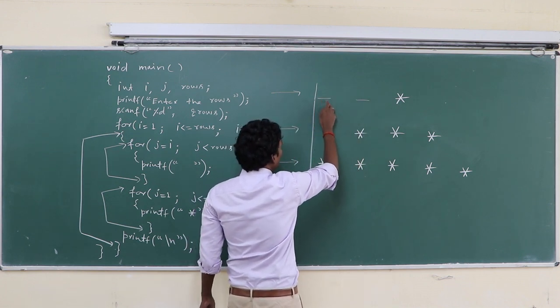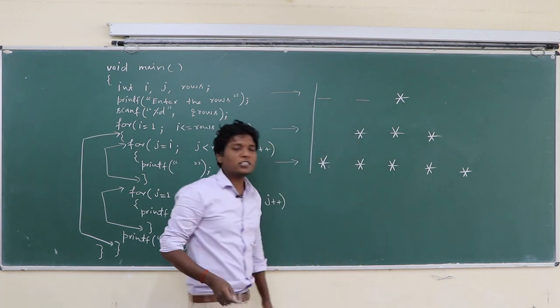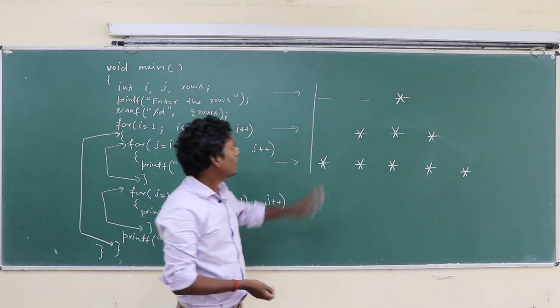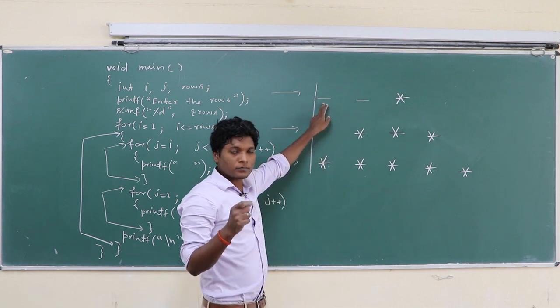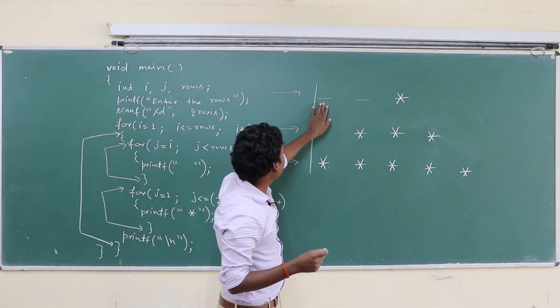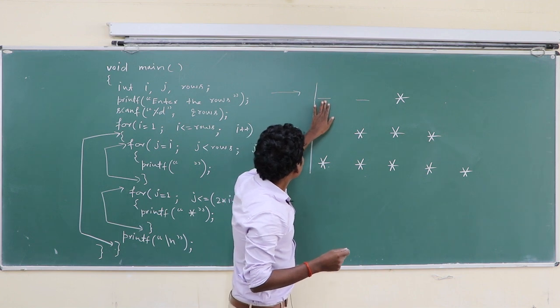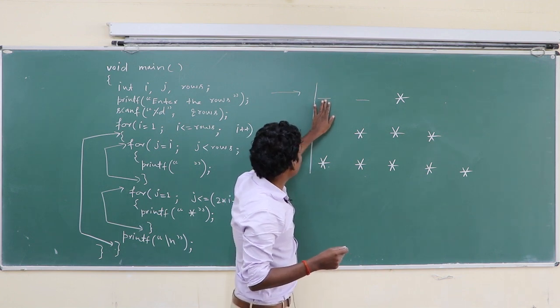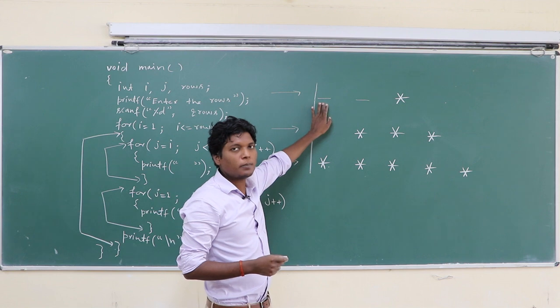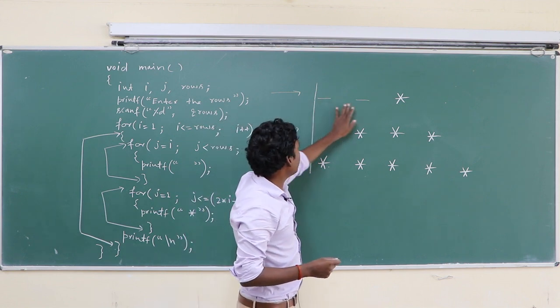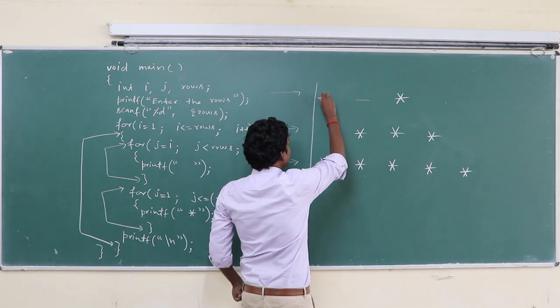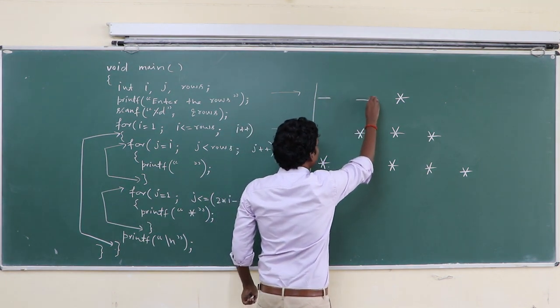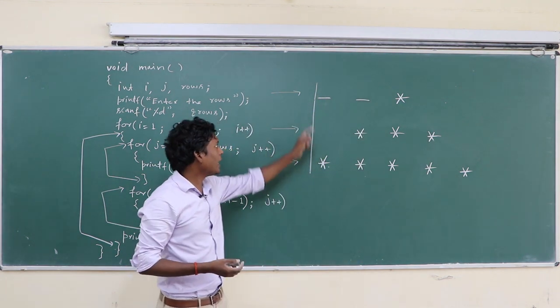So here we have to print the blank space. A blank space does not leave any symbol. To simplify, to represent the blank space we write this symbol. This basically shows the blank space. Just for your convenience, we write blank space here.